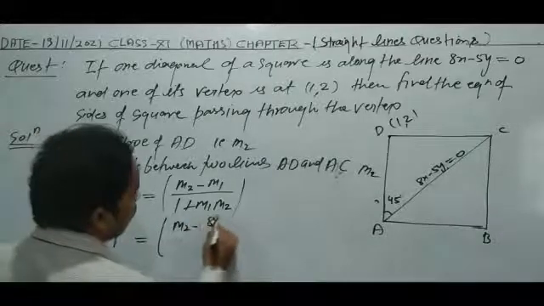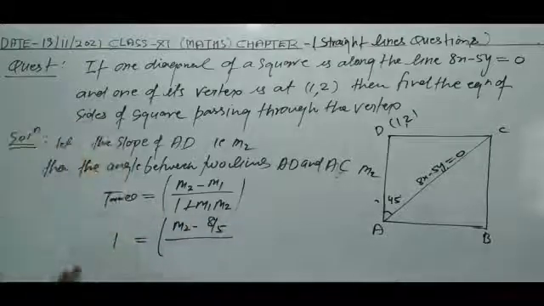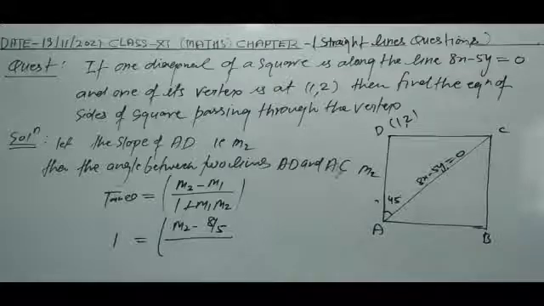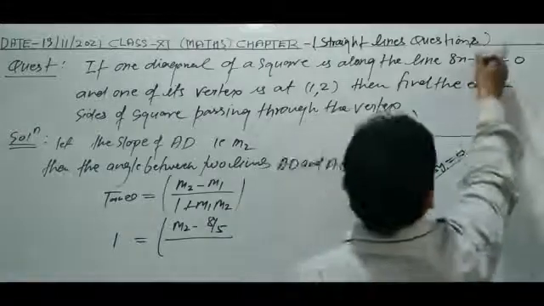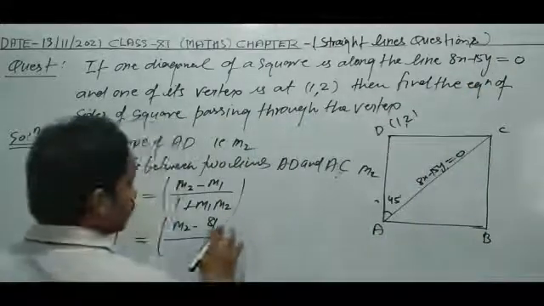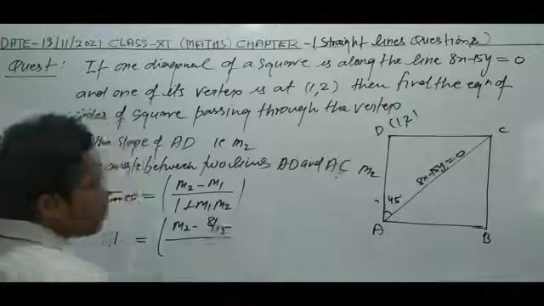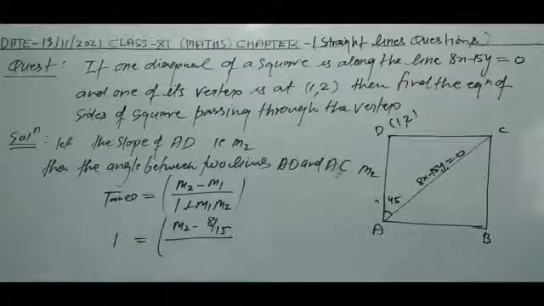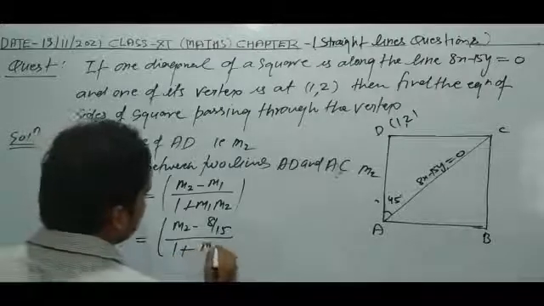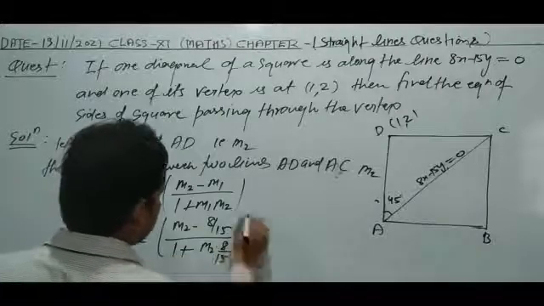And m2 minus 8 by 5. m1 is 8 by 5. 8 by 15 or 8 by 5? In this question this is given 15y. So this will be 15 and this will be also 15. Clear? 8 by 15 and 1 plus m2 into 8 by 15.